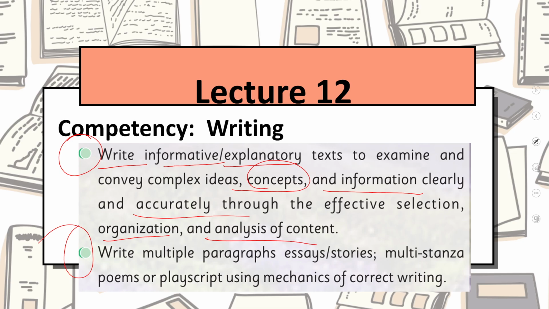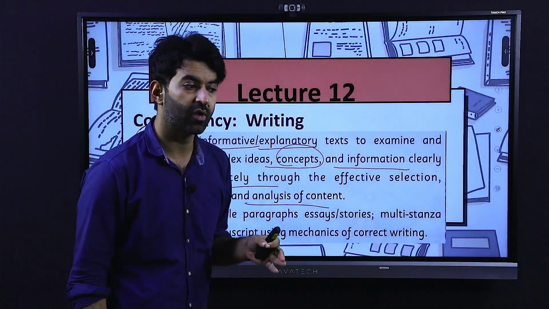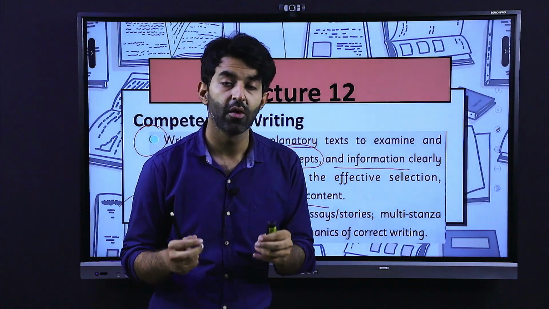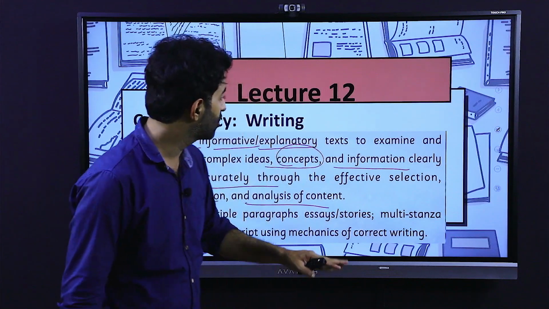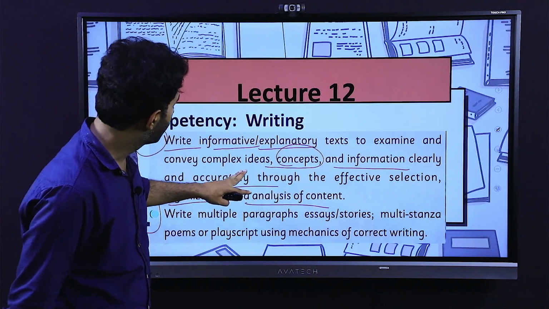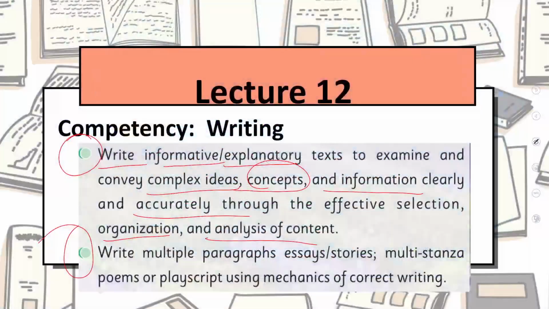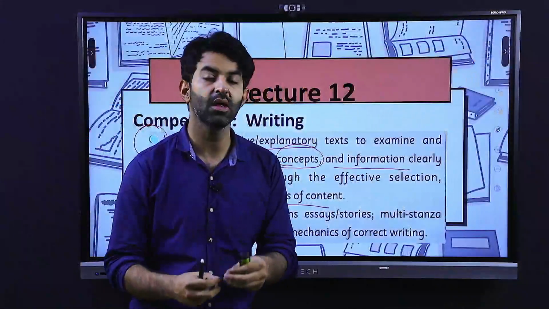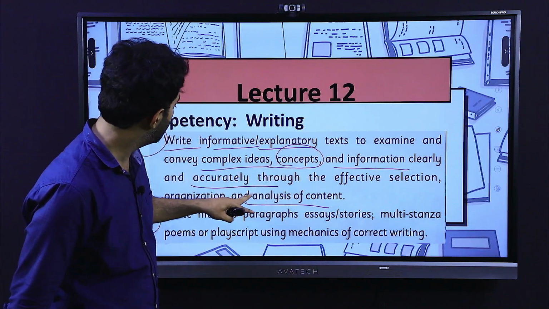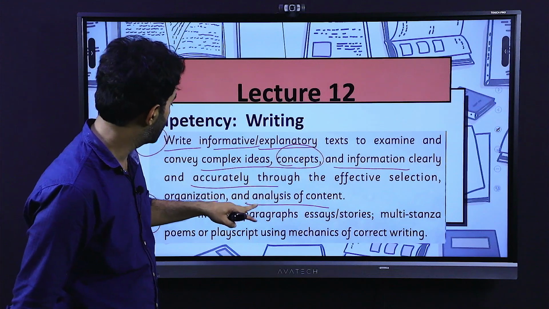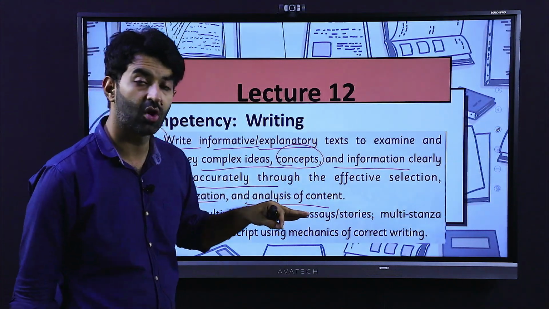So we know that texts are of different type. When it comes to writing, we can write informative text, explanatory text, and also for the complex idea, any philosophical idea, any theory, etc., concepts and information clearly and accurately through the effective selection, organization, and analysis of content.